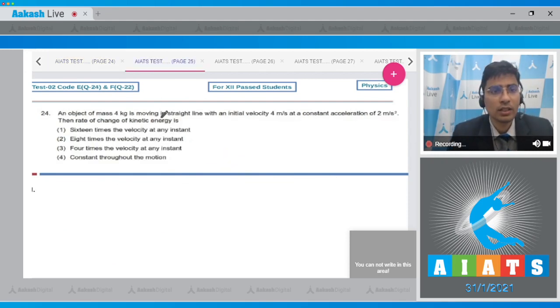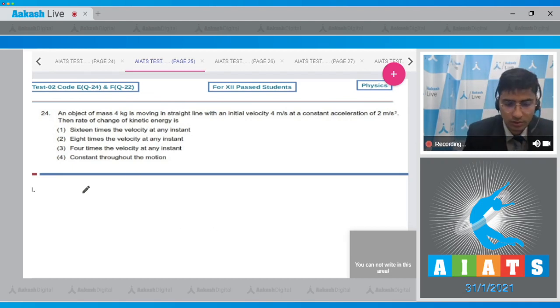Question 24 says an object of mass 2 kg is moving in a straight line with an initial velocity of 4 meter per second at a constant acceleration of 2 meter per second square. Then the rate of change of kinetic energy is. Students, the kinetic energy formula is half mv square.